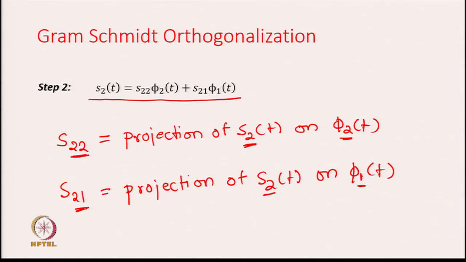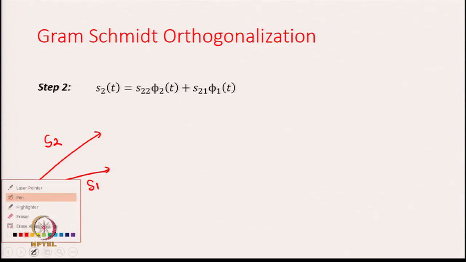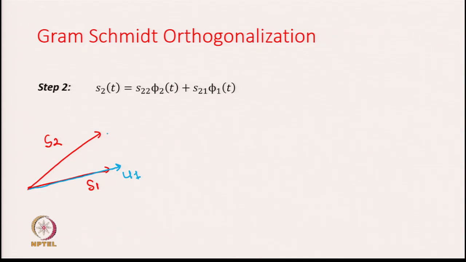What do we mean by this, after having understood the nomenclature? Let us consider two vectors first. If I have a vector S2 and a vector S1, and let us assume that I have considered a unit vector in the direction of S1, u1, and then there is a unit vector u2 which is perpendicular to u1.